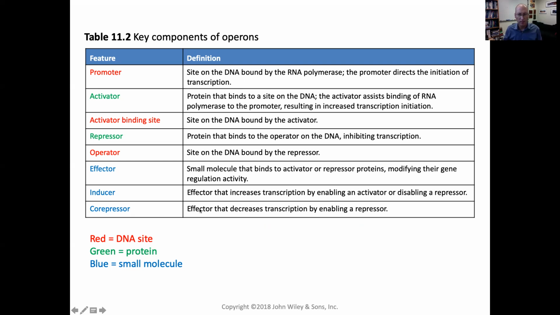A co-repressor is a molecule that specifically binds to the repressor to activate it, so that the activity of the repressor is dependent on the binding of the co-repressor. That's not something we have in the Lac system.